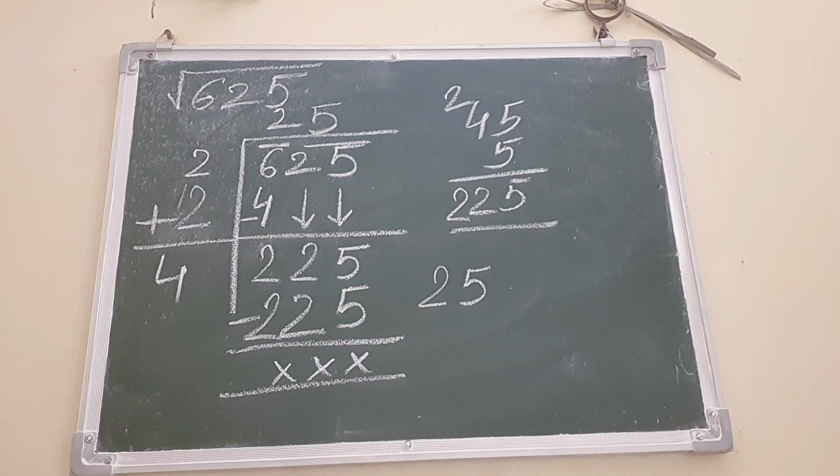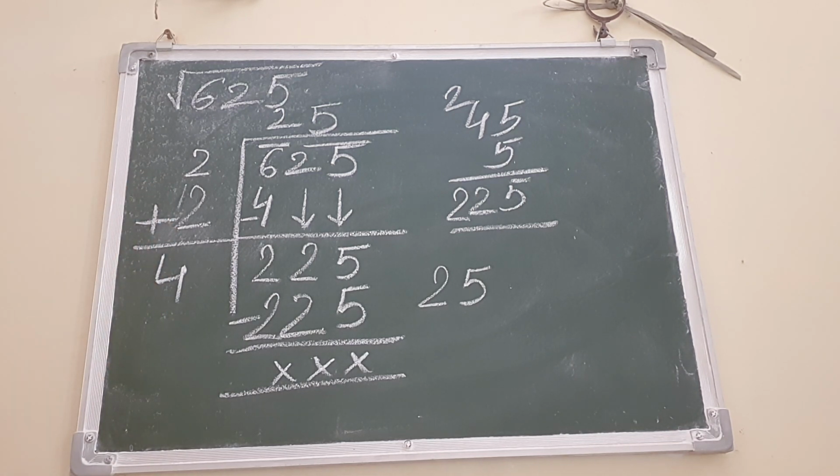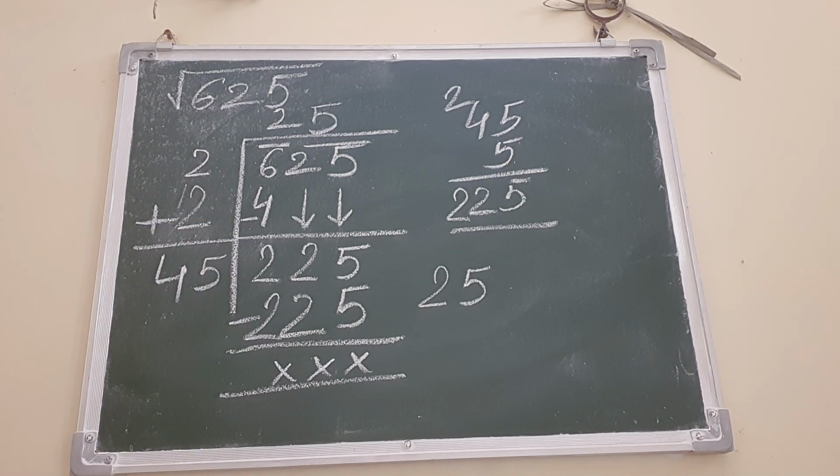Here it goes by 2, so a number is added to it, so it becomes 2 plus 2, that is 4. And here it goes 5 times, and exactly 225 comes, so the remainder is 0. So this is a perfect square, and the answer is 25. So the square root of 625 is 25. So this is our long division method to find the square root of numbers.